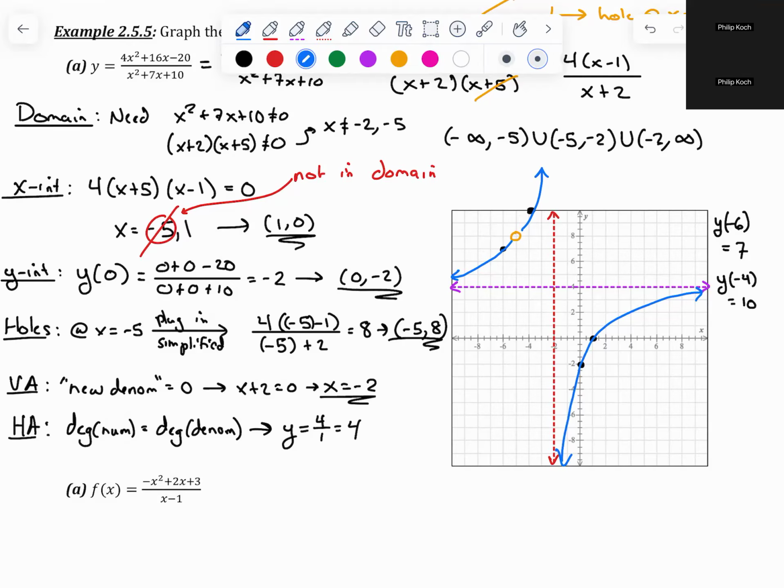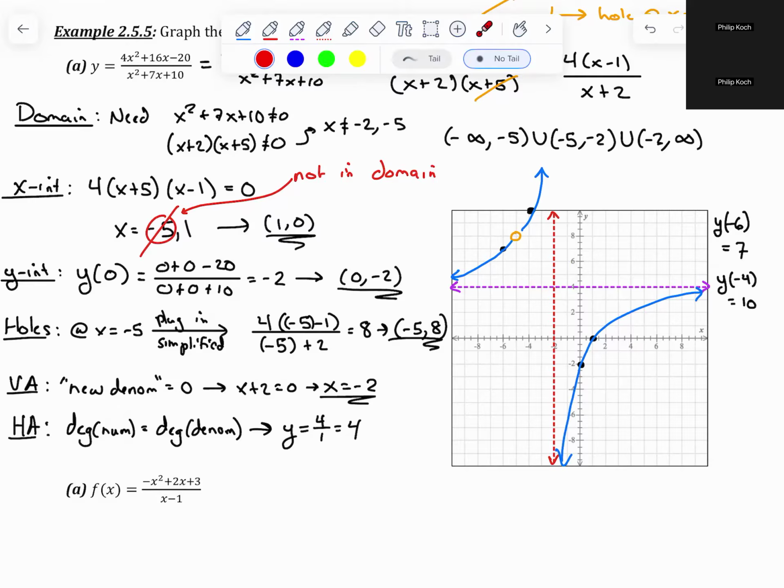So if it's in the negative, it's going to use negative numbers. Yes, but sometimes it will use positive, because there's 2 halves to this thing. So I want about 2 to 3 numbers on this half, 2 to 3 numbers on this half. For my exam, I only really need you to plot the x-intercept, y-intercept, and any holes, because I'm going to show you in 2.6 a way that you can bypass plugging in numbers.